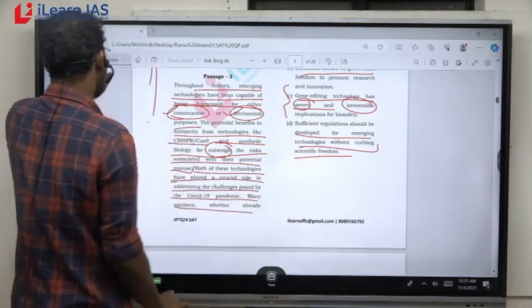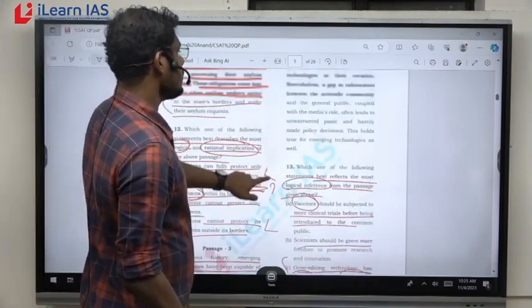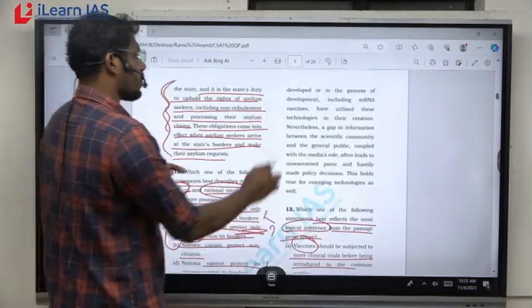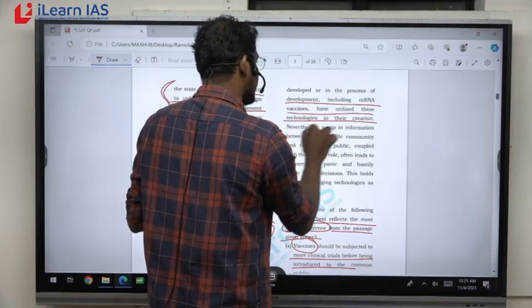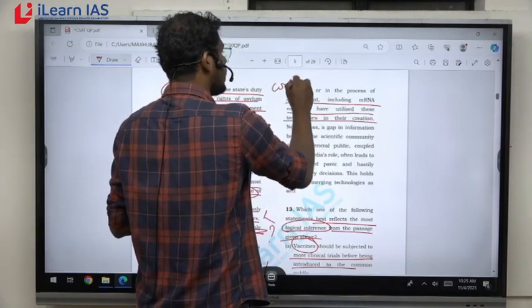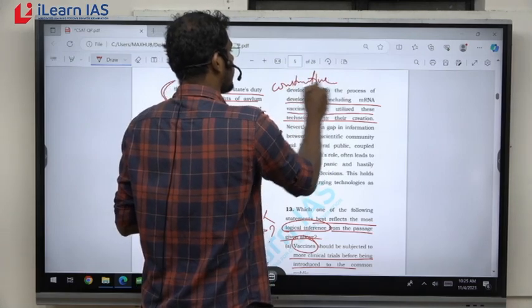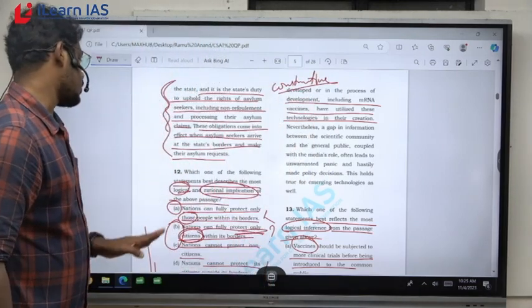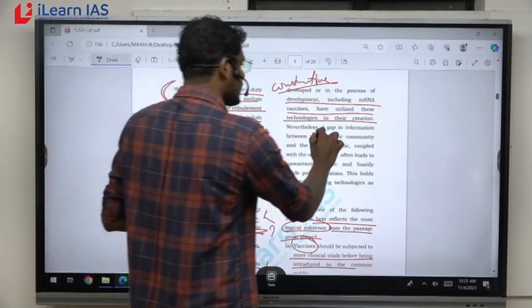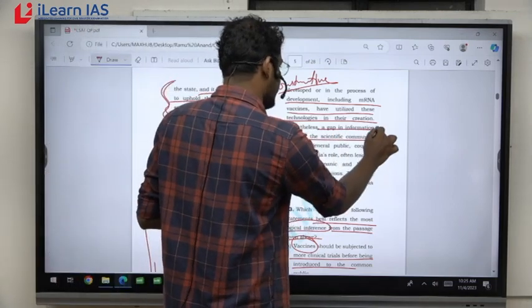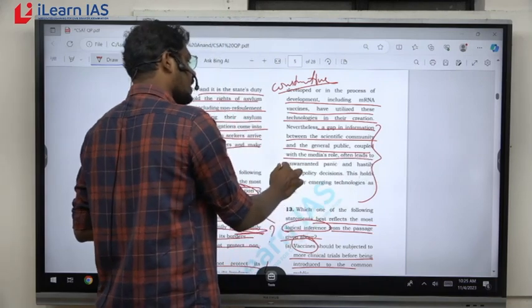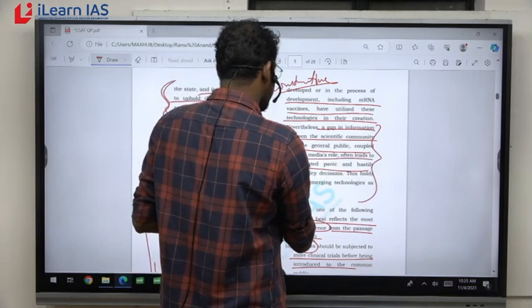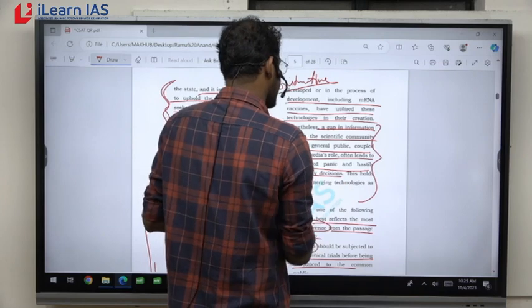Many vaccines, whether already developed or in the process of development, including mRNA vaccines, have utilized these technologies in their creation. So this is actually the constructive purpose of these vaccines or emerging technologies. Nevertheless, a gap in the information between the scientific community and the general public, coupled with the media's role, often lead to unwarranted panic and hastily made policy decisions.